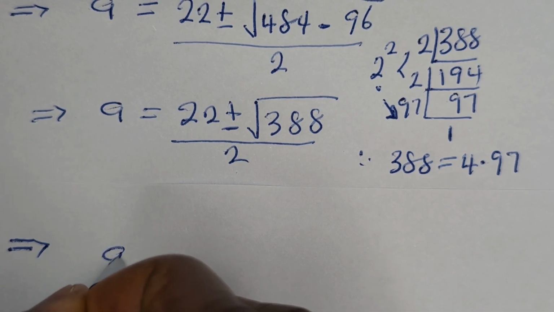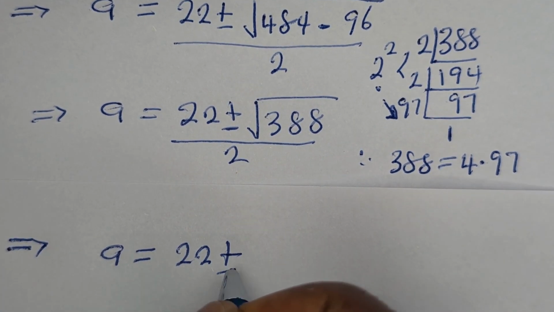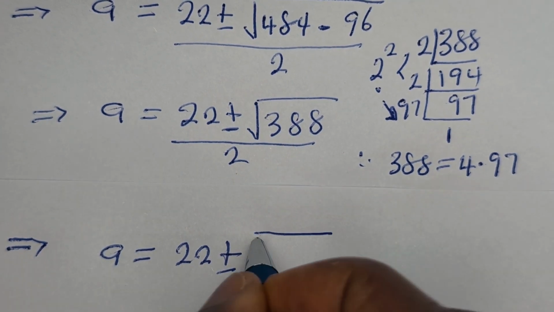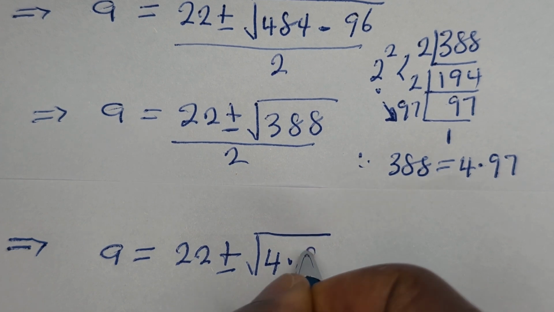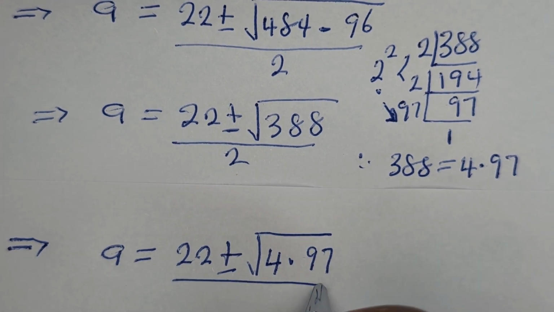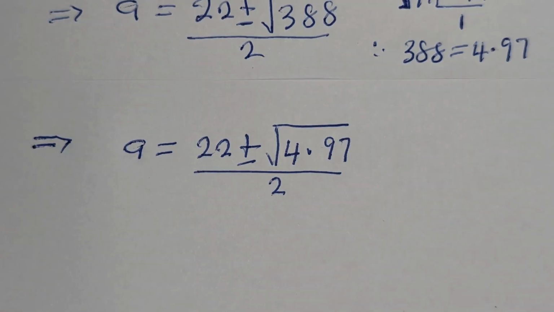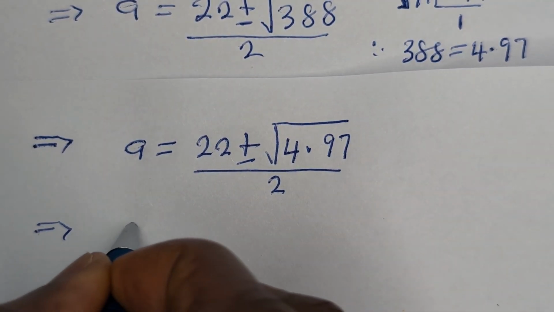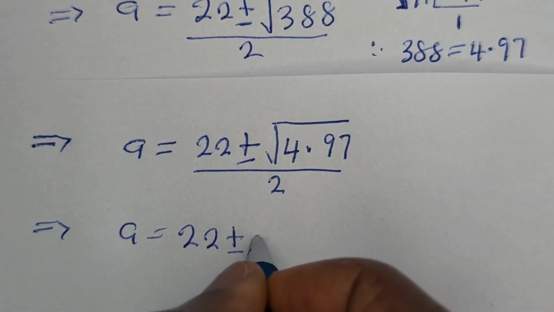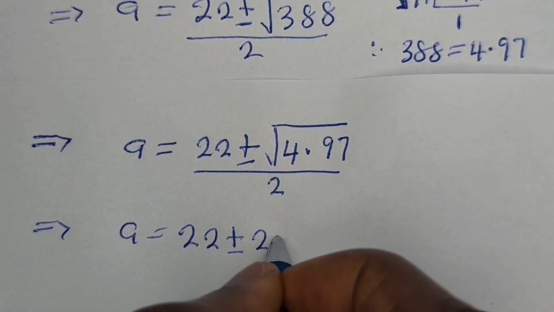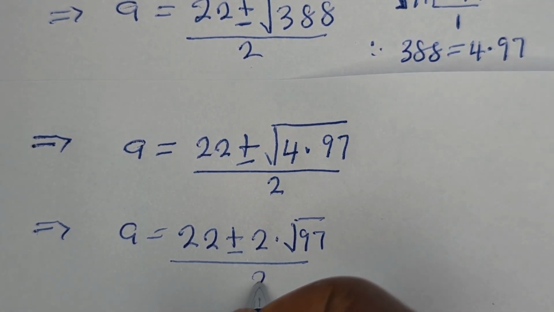And this is a is equal to 22 plus or minus square root of 388, which can be written as square root of 4 multiplied by 97, divided by 2. a is equal to 22 plus or minus square root of 4, which is 2, multiplied by square root of 97, divided by 2.